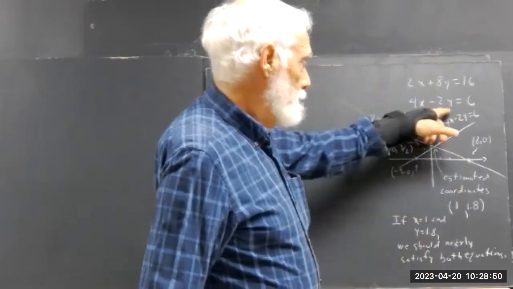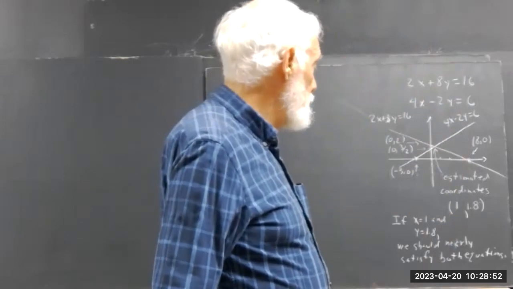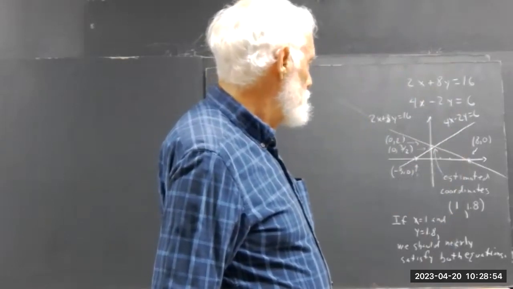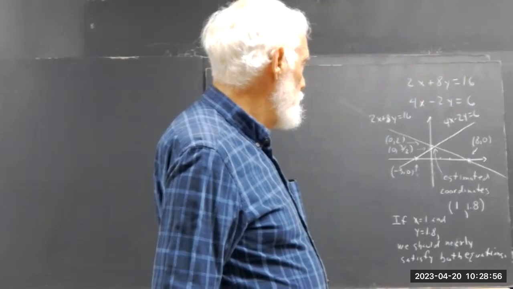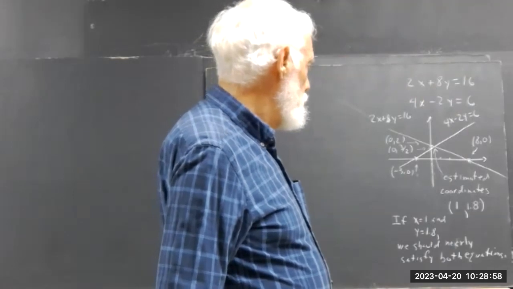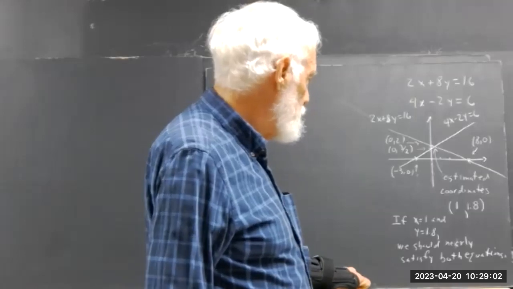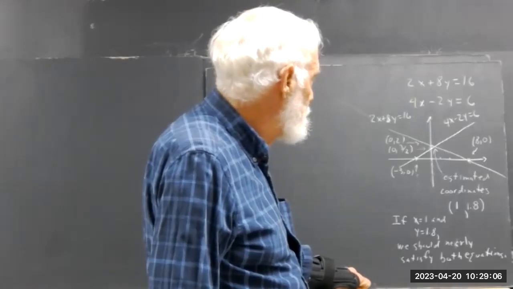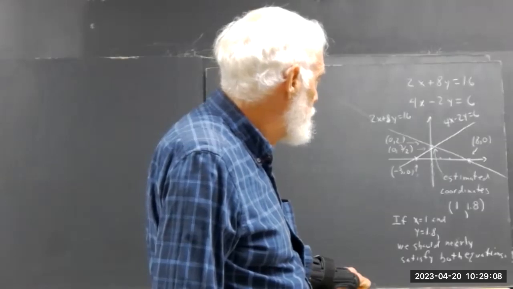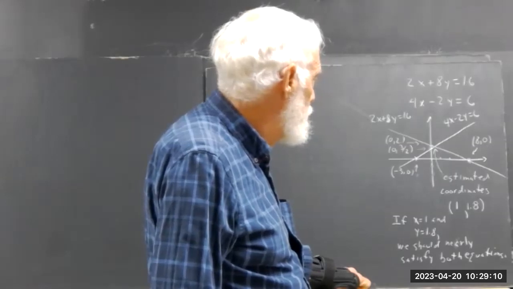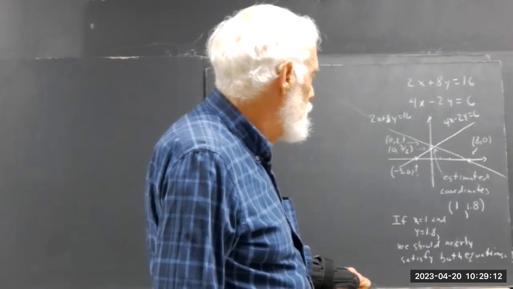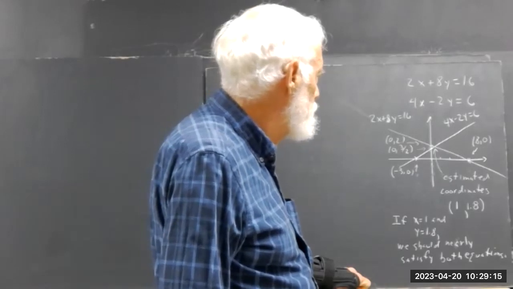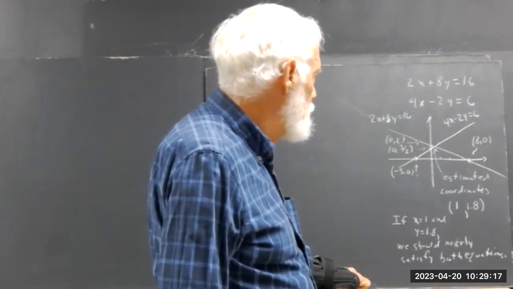Now, I don't know how we're going to do satisfying this, but let's see. Wait a minute. Well, that's not going to work at all. The second equation, what's wrong? I think something really stupid here.